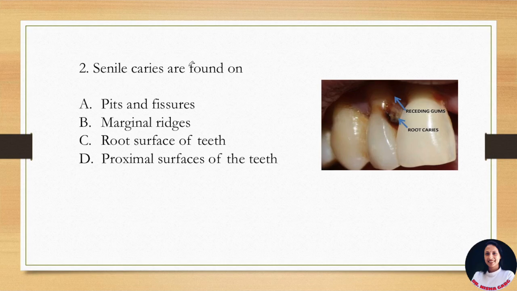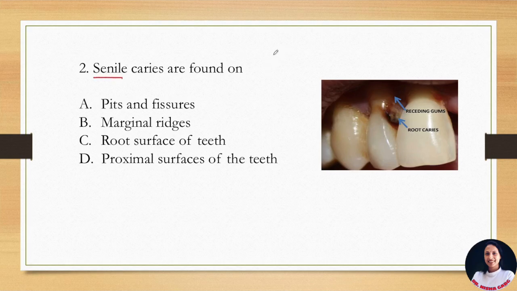Senile caries are found on the: A. pits and fissures, B. marginal ridges, C. root surfaces of the teeth, and D. proximal surfaces of the teeth. See, senile means a characteristic which is caused by old age.